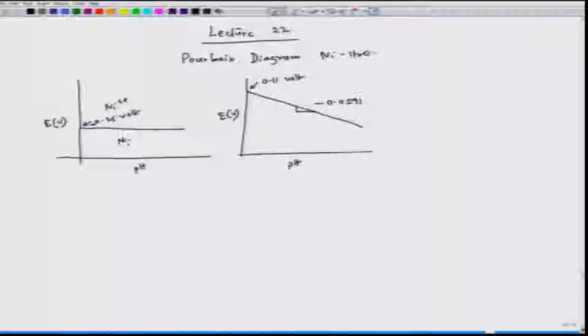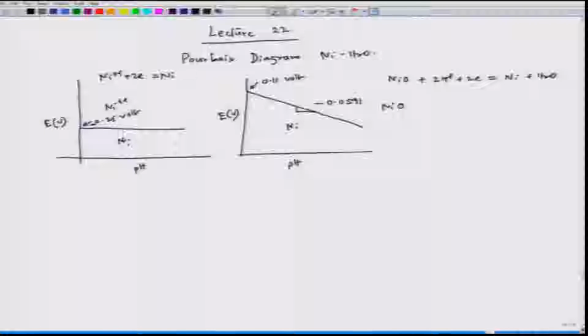Now, we have told that this side is nickel and this side is nickel oxide, and here the reaction is nickel oxide plus 2H+ plus 2e equal to Ni plus H2O, and this is Ni++ plus 2e equal to Ni.